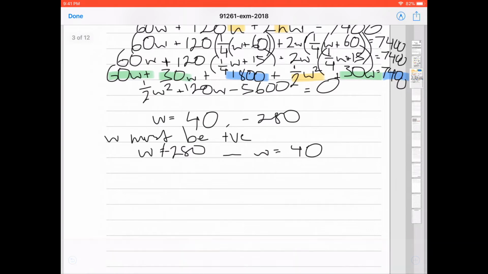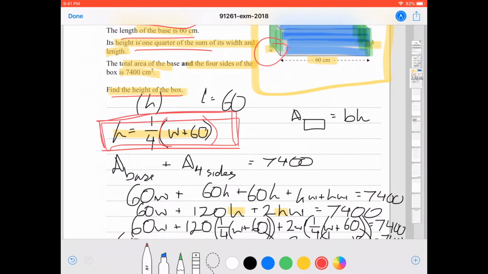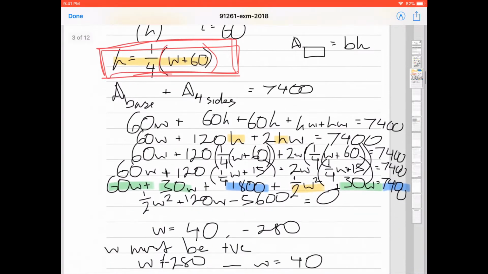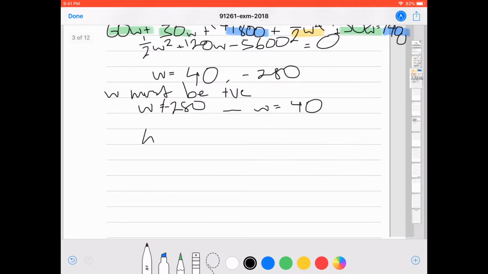What is the question actually asking us? It's asking us to find the height of the box, basically h. And we've been given this formula for h. It is h equals a quarter W plus 60. So let's write that out. H equals 1/4 W plus 60. H equals a quarter W plus 60 inside brackets.